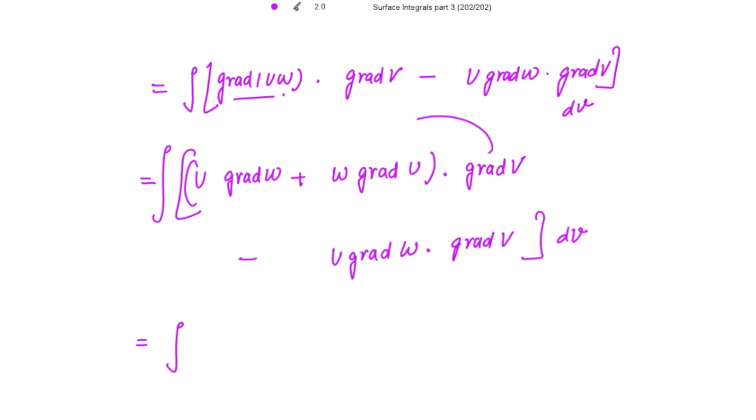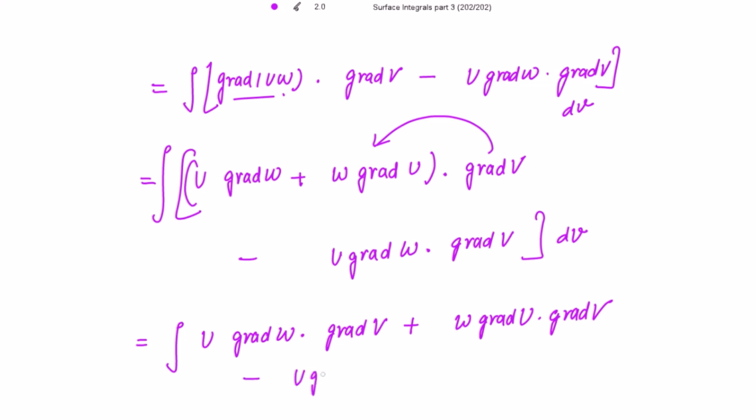Let's take the dot product of grad v inside. So this is u grad w dot product with grad v plus w grad u dot product with grad v minus u grad w dot product with grad v dv. So this cancels out with this and we are left with the second term only.